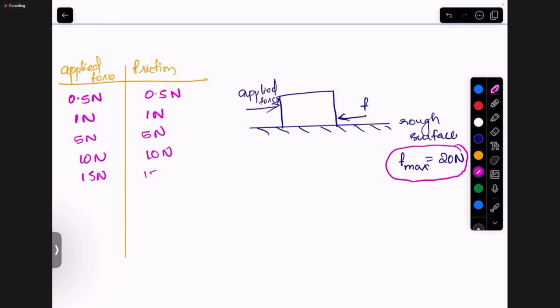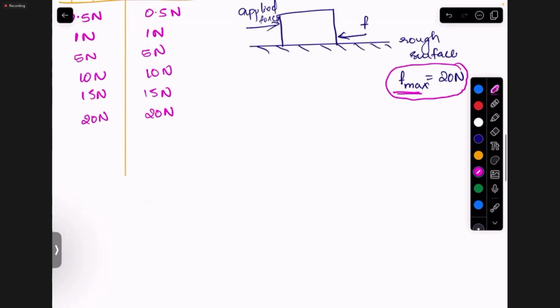Once you give 20 Newton, you will get 20 Newton back, because F max is 20 Newton. What will happen when it is 20.0001 Newton? The surface can still give only 20 Newton.